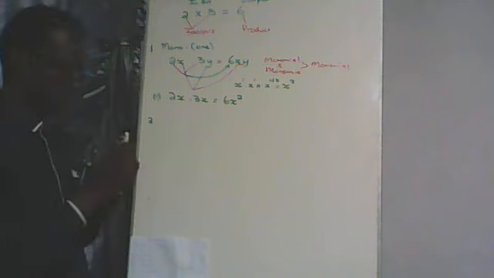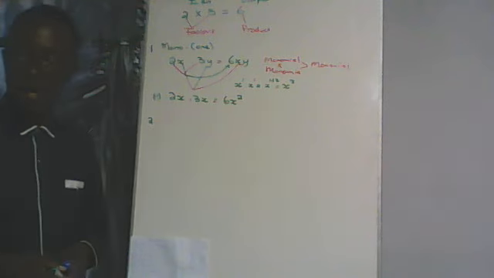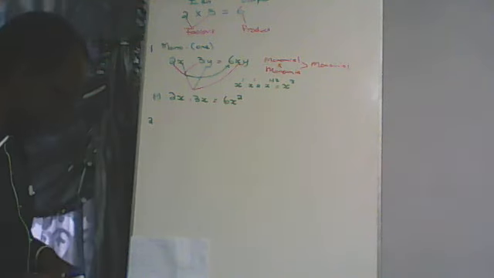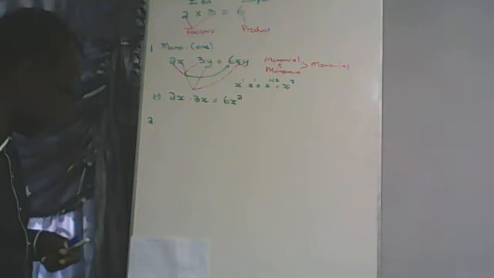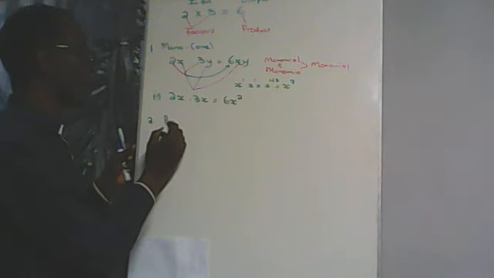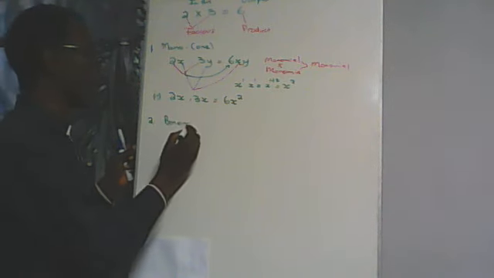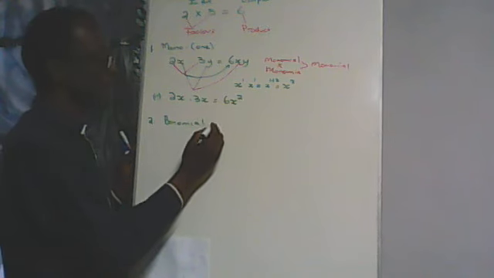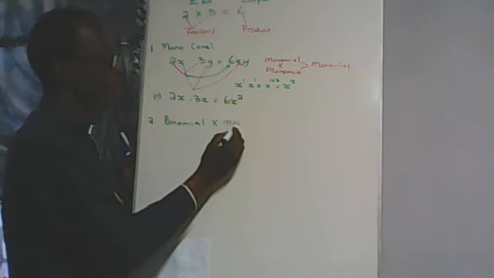Now, we get to a monomial multiplied by a binomial. Let's take this. This is a binomial multiplied by a monomial.